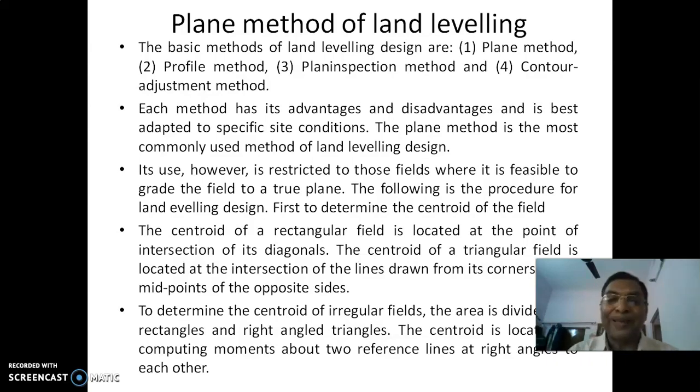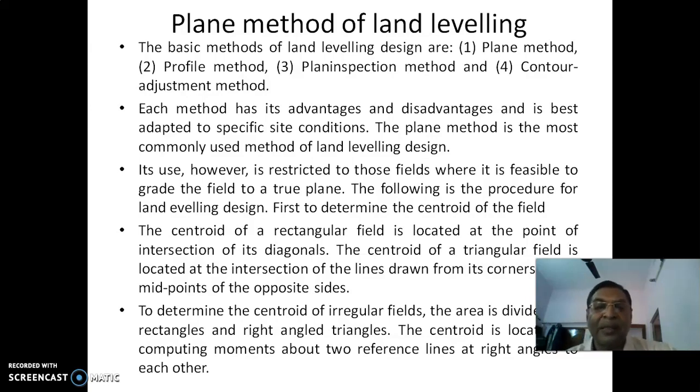Normally this plane method is restricted to fields that can be made to a certain slope or simply leveled. In all these cultivation methods, leveling or a certain slope is good enough, unless the field is somewhat undulating.